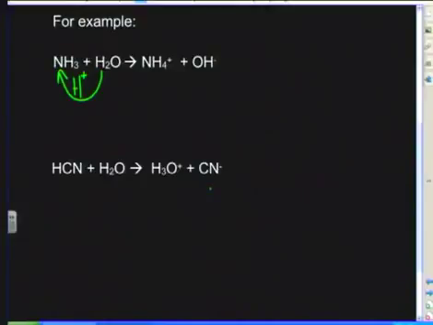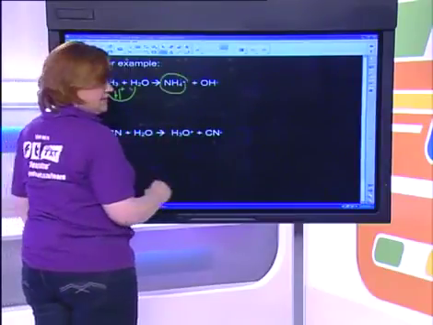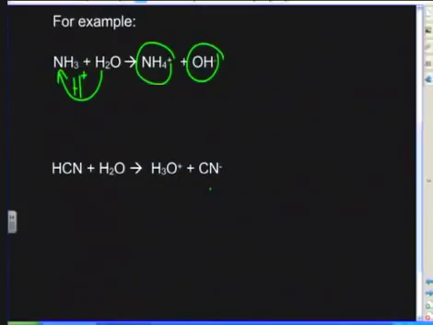Water donates its hydrogen. It has now acted as an acid, because we have ammonia's conjugate acid. That's water's conjugate base. OH- will not give another hydrogen away, but it'll very gladly take. So because the water was reacted with ammonia, the water has acted as an acid. Okay, so here it's an acid.